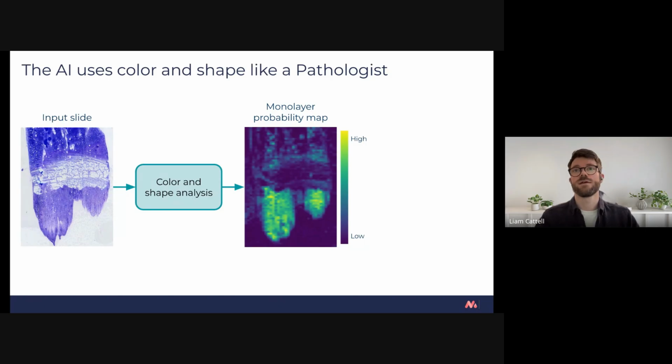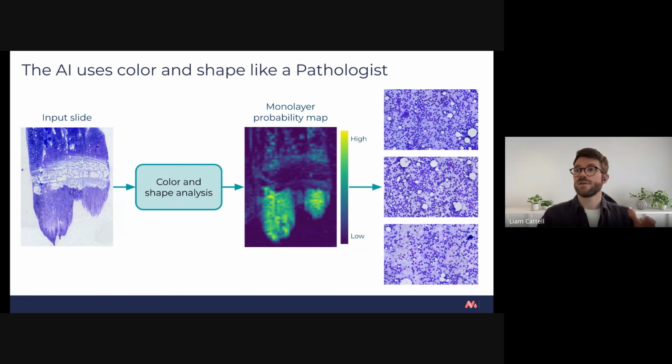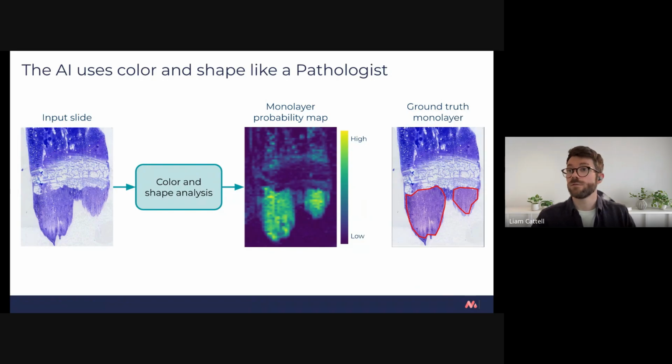So if you hit next, we can see here some of the fields in the high probability regions in this slide, and they look pretty good in terms of the cell staining and the cell distribution that we're seeing in there. All right, next. And just for complete comparison here, Dr. Davis went through our entire training set of slides and validation set and manually marked on all of those slides the region that would be appropriate, or that she would use to do her analysis.